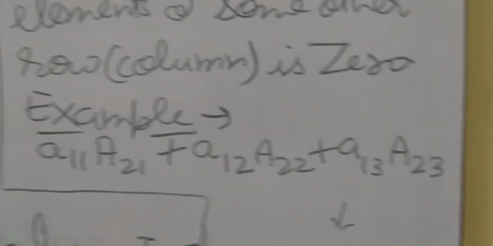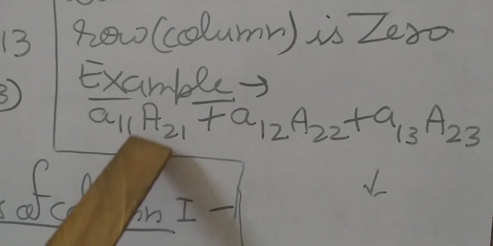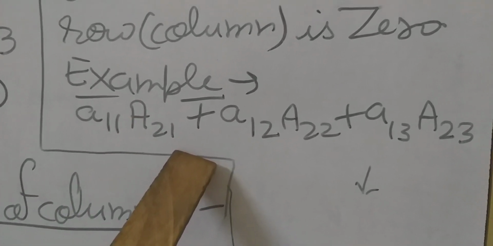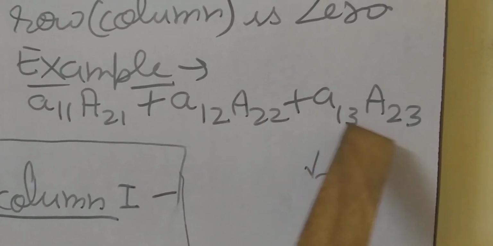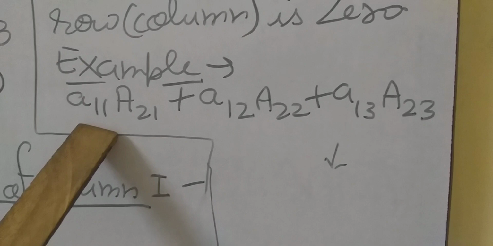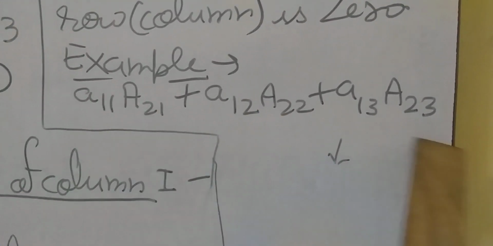You can see this example, students. I have taken element a11, then cofactor A21; a12, cofactor A22; a13, cofactor A23. So the elements I have taken are of the first row and the cofactors are of the second row.